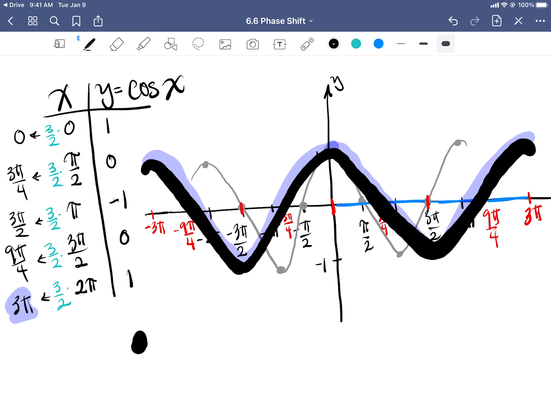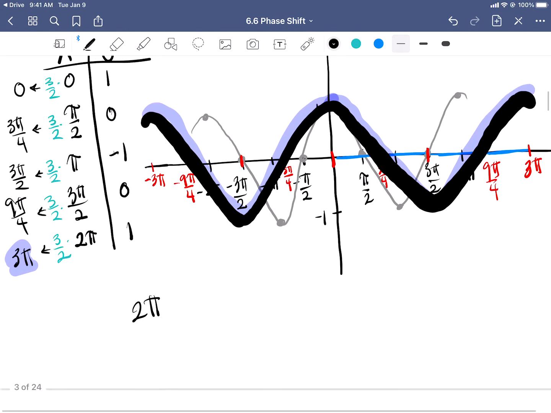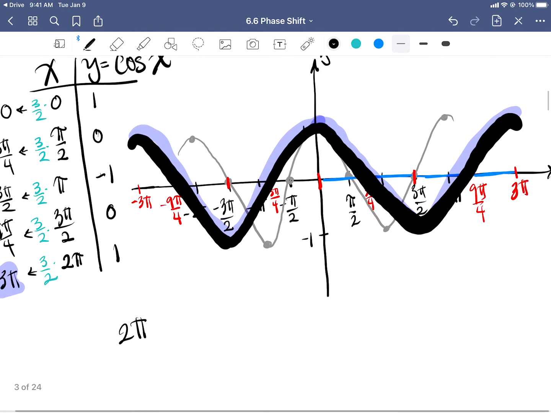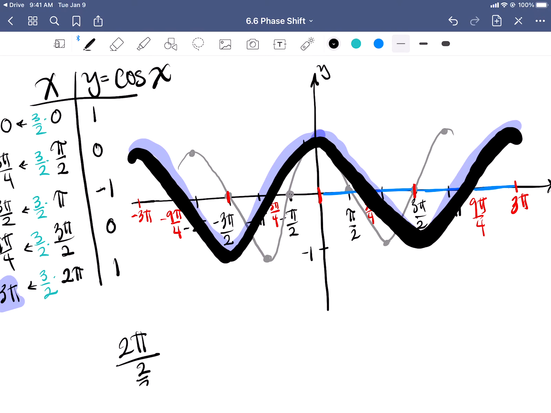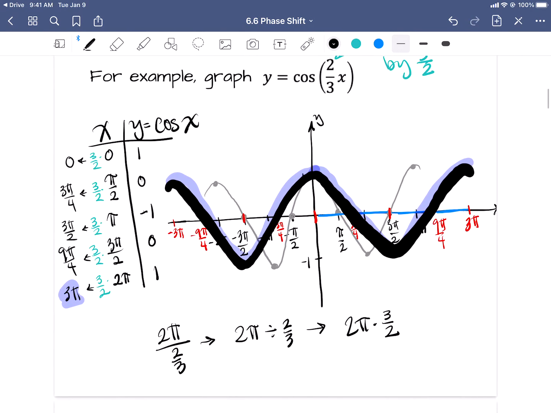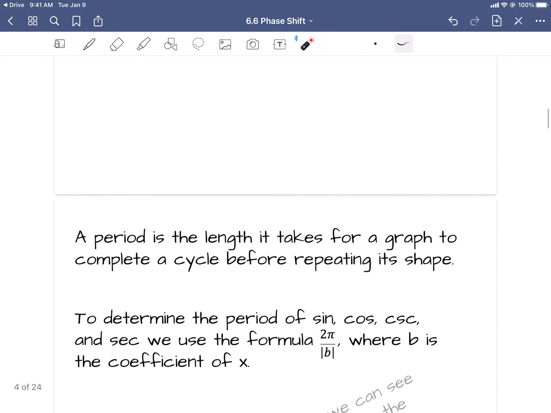So 2 pi divided by b, so divided by 2/3. So that's just 2 pi divided by 2/3, which becomes times 3/2. Okay. So you can find it down here. You can find that period.